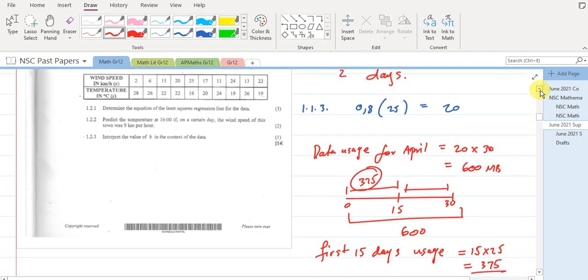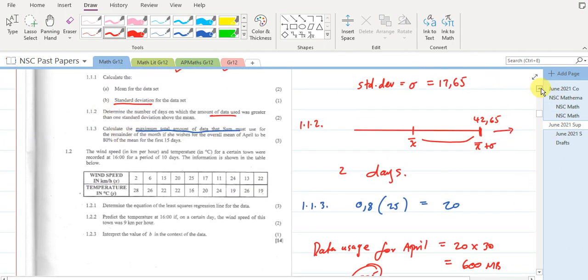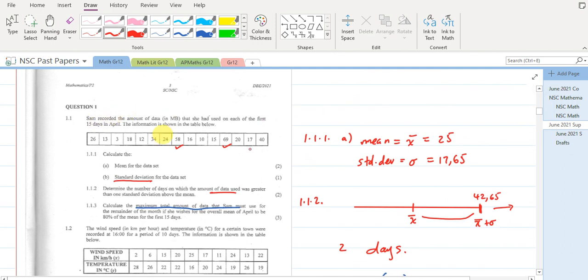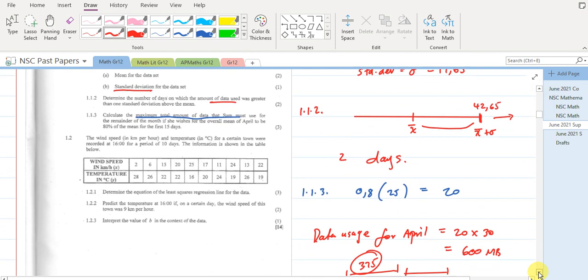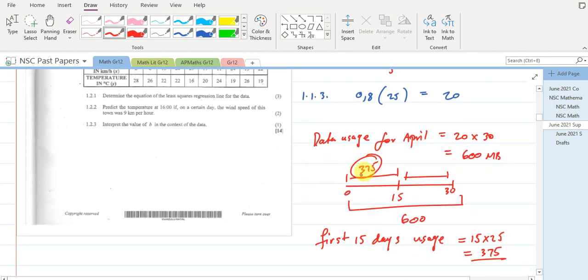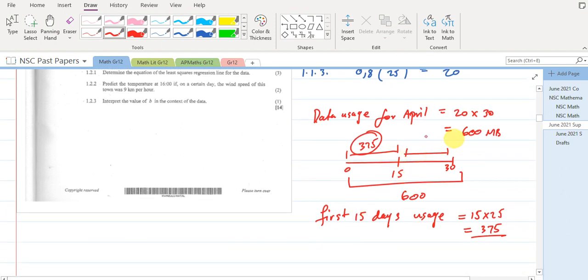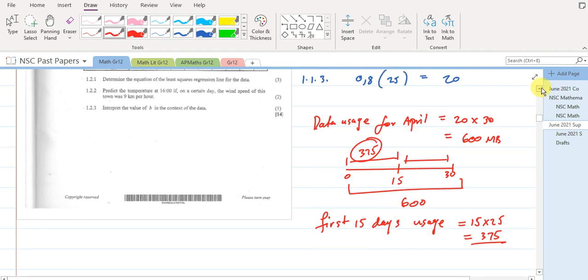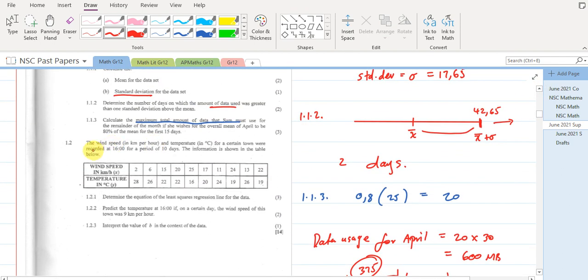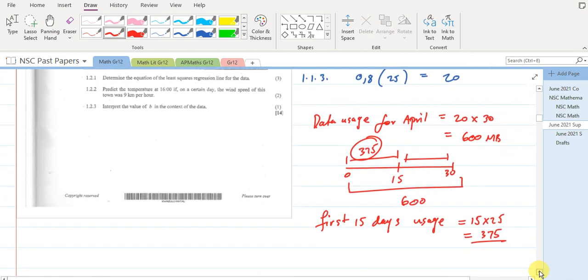Who is this person? Right, so Sam used 375 megabytes of data. And now, what's the remaining? So, what did they ask us for? Calculate the maximum total amount of data that Sam must use for the remainder of the month. So, remaining data, right? Maximum remaining, right?